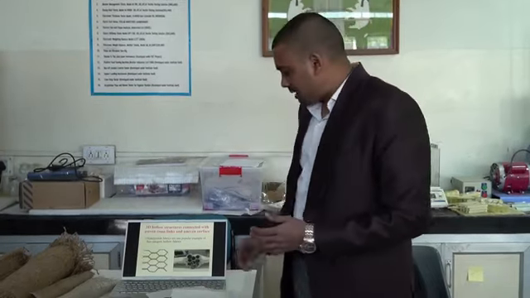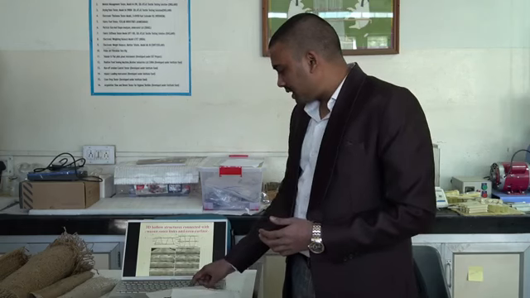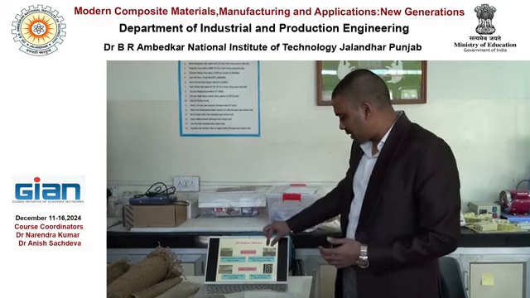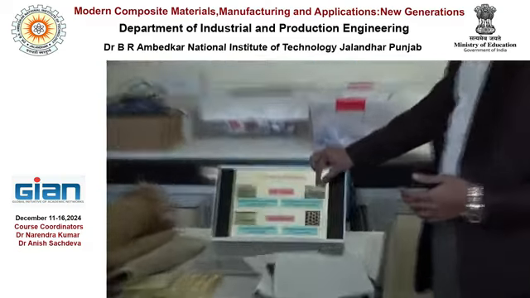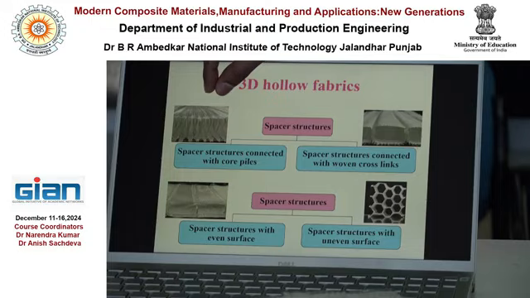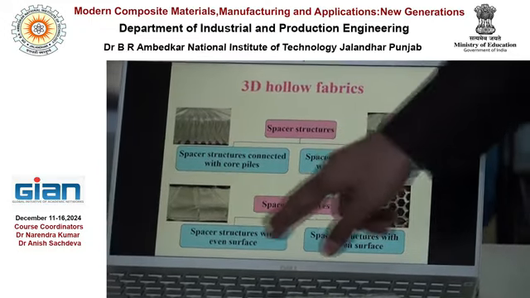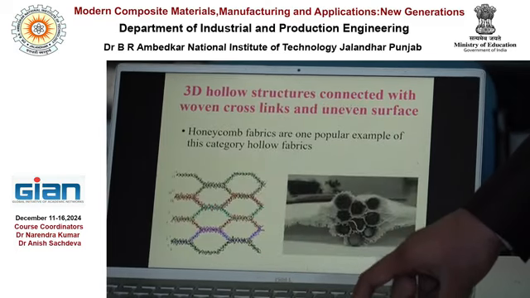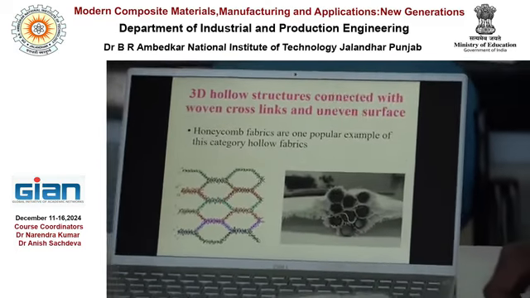Right? For example, if you want to produce this type of a structure, spacer structure connected with the woven crosslink, or this spacer structure connected with the core pile, or maybe this honeycomb type of structure, we need a specialized weaving machine for that.